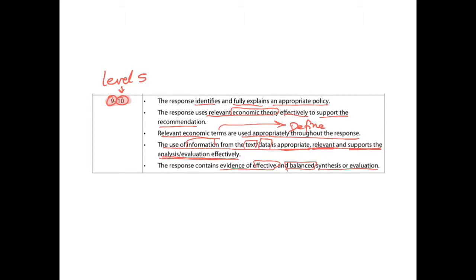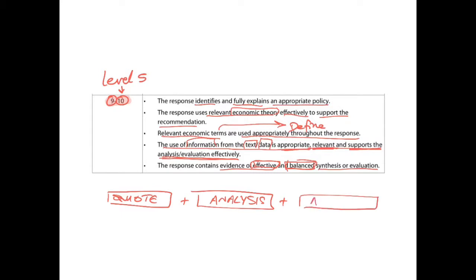Make sure your evaluation and your synthesis is effective, but also balanced. So say, for example, you're taking a quote from the information or the data. Make sure you provide analysis of this information and data. Use it to construct an argument.